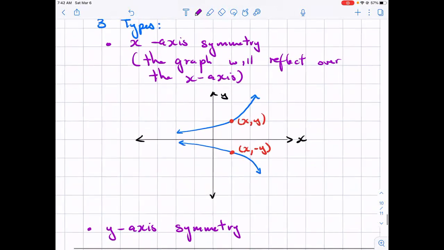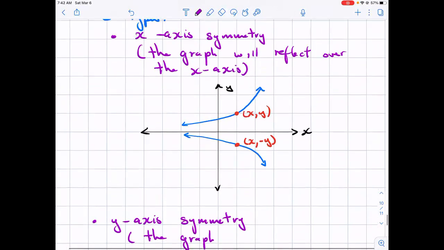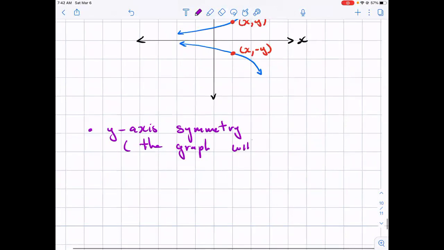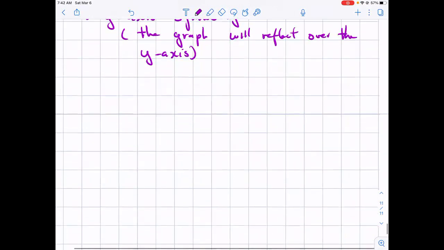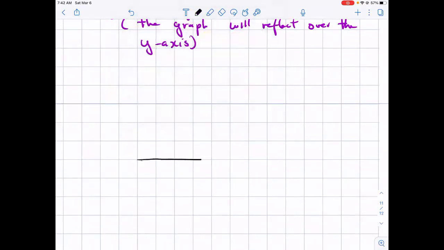For y-axis symmetry, it means that the graph will reflect over the y-axis. And we've sort of seen this already, where we had the graph that we drew before.